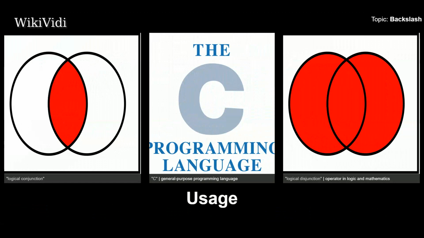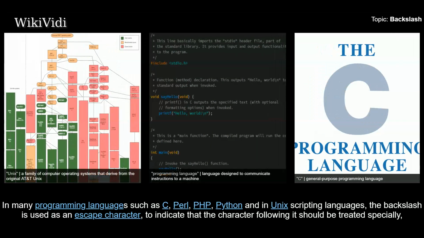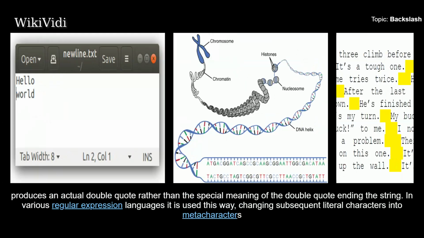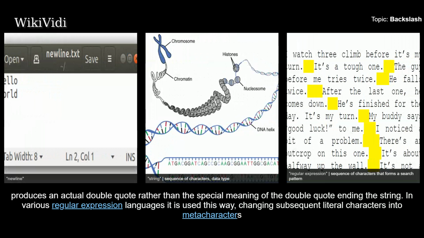Usage. In many programming languages such as C, Perl, PHP, Python and in Unix scripting languages, the backslash is used as an escape character, to indicate that the character following it should be treated specially, or normally. For instance, inside a C-quoted string the sequence backslash n produces a new line byte instead of an n, and the sequence backslash double quote produces an actual double quote rather than the special meaning of the double quote ending the string.